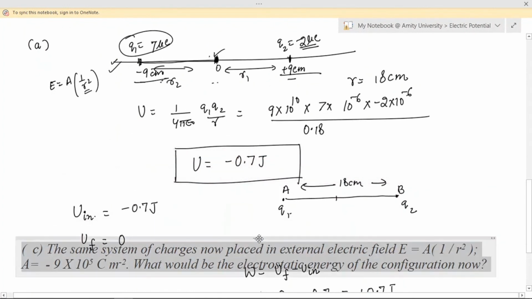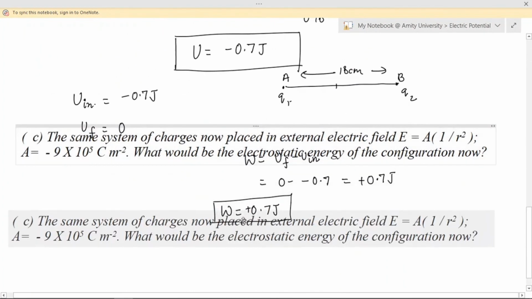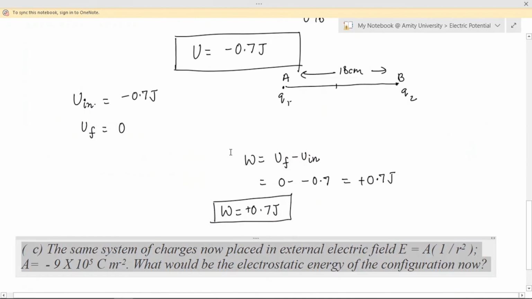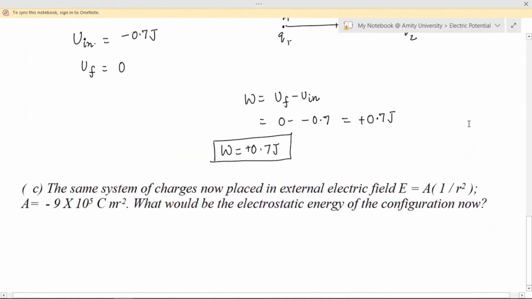Now let us come to the third part. Suppose the same system of charges is now placed in an external electric field, where the electric field is also not uniform. It depends on r. What is r here? r is again the position with respect to the origin.